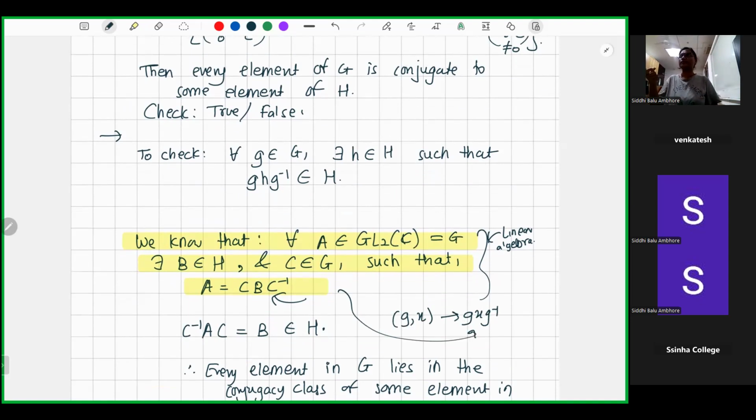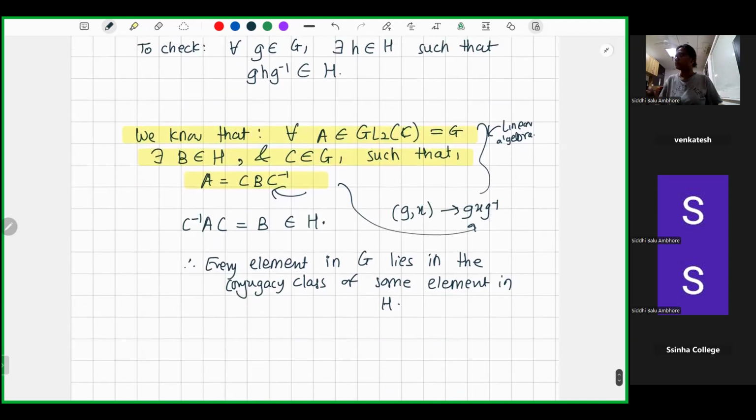So we need to have hold of some element which, when I multiply, gives me some element from H. And that's how we can say that every element of G is conjugate to some element from H. And that's it. If there is any doubt, please let me know. Or is this clear?